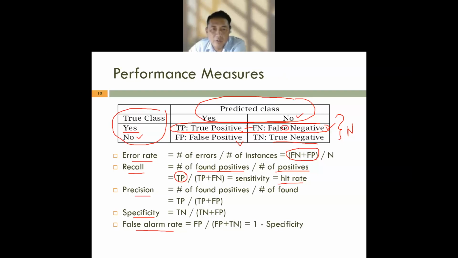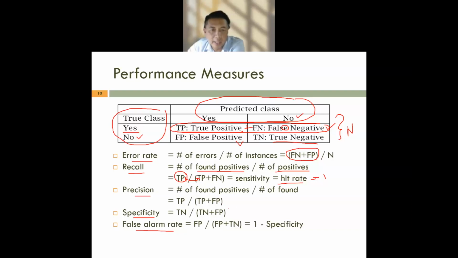If this is 0, then you will have 1, because your true positive is 1 and the values are the same, so you will get 1. Now the precision looks at the number found positive divided by the number found.